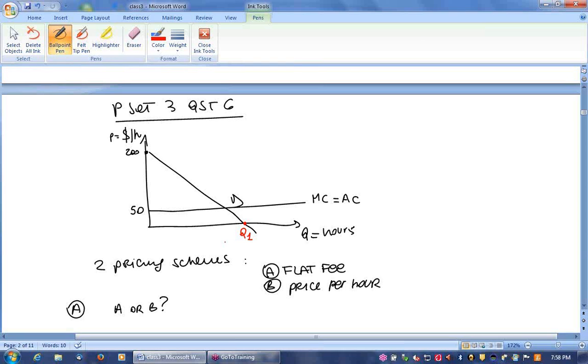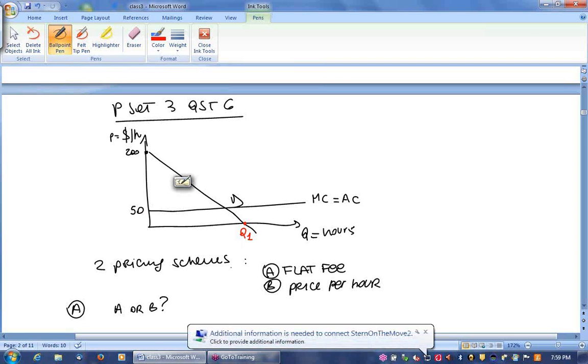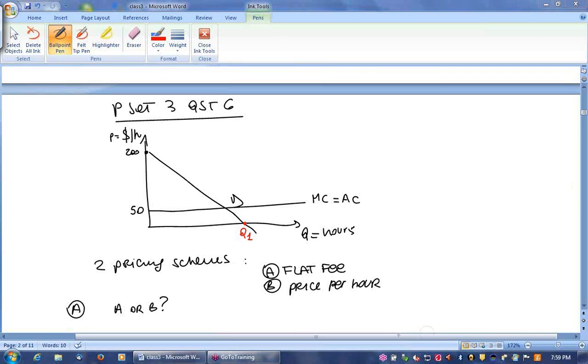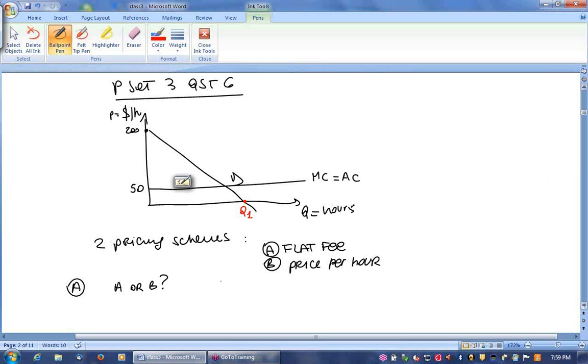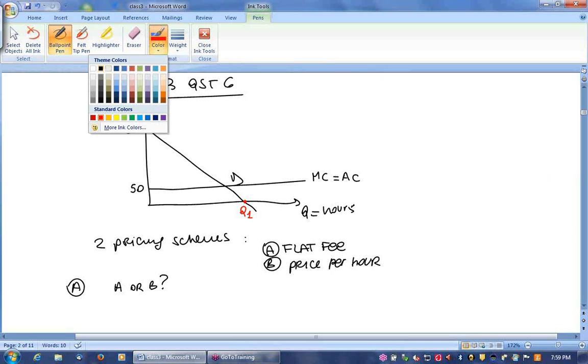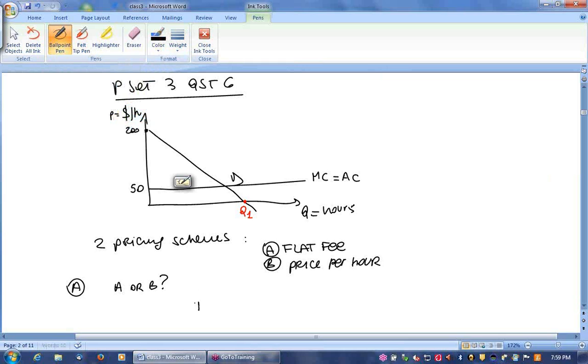The cost to the monopolist would be 50, that is the marginal cost, times the number of hours that agents are using the service, that is 50 times Q1. So total cost, this is pricing scheme A. Total cost for the monopolist is equal to 50, the marginal cost, times Q1.